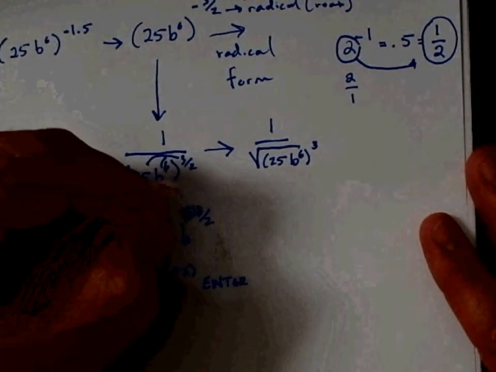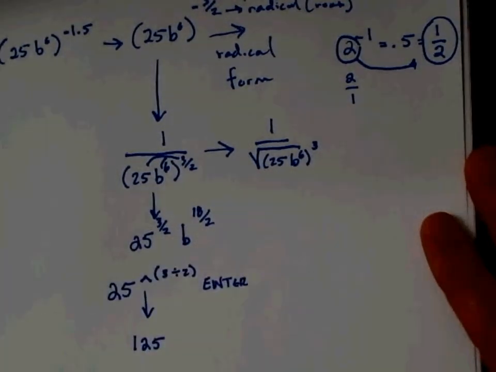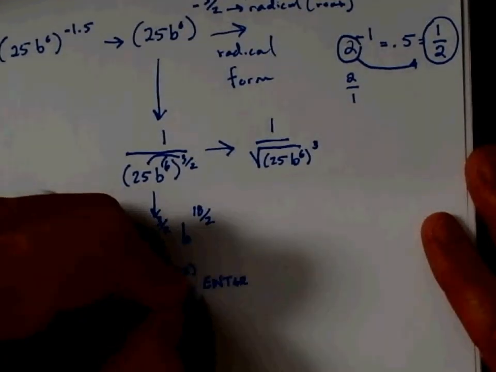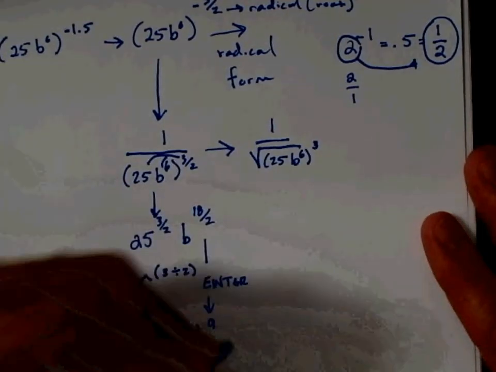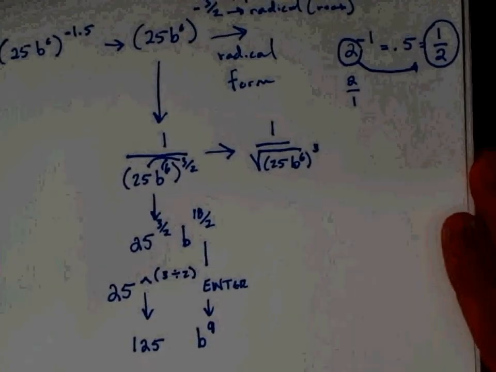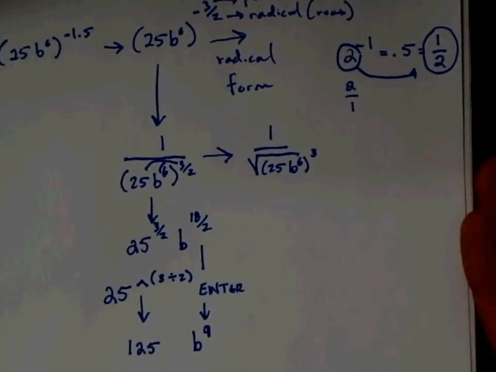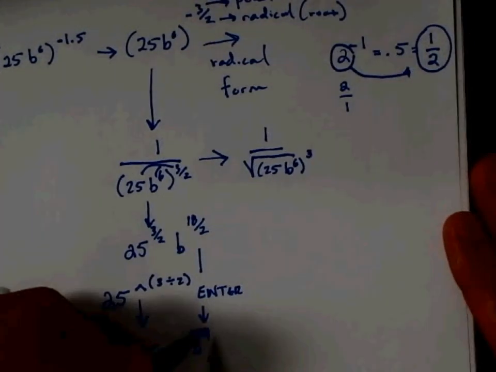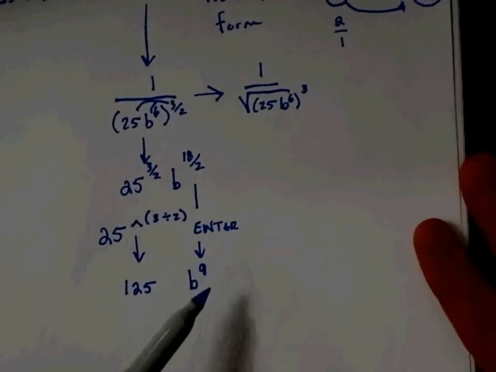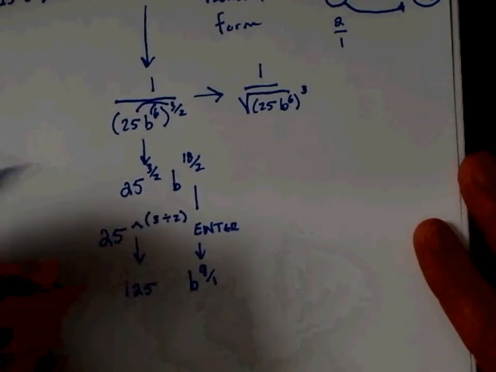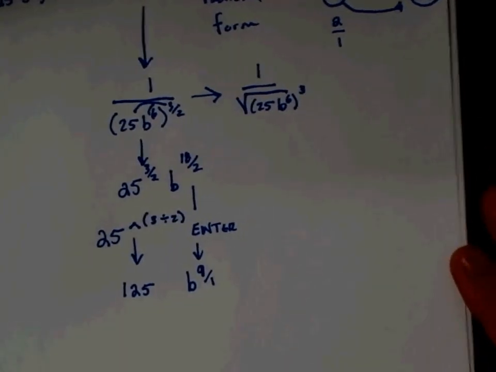All right. And so, what is 18 divided by 2? 9. So this is going to become b to the 9th. What's the numerator on b to the 9th? Look at my fractional exponent right here. The numerator, 9. The denominator is 1. What is the radical of this one?